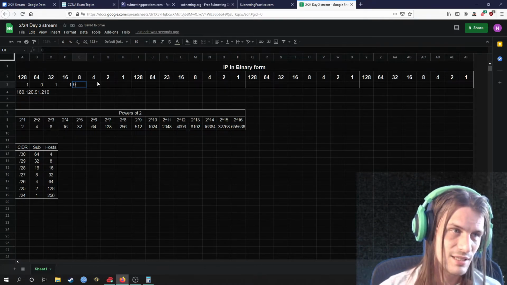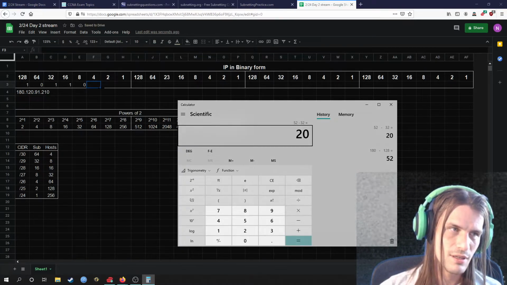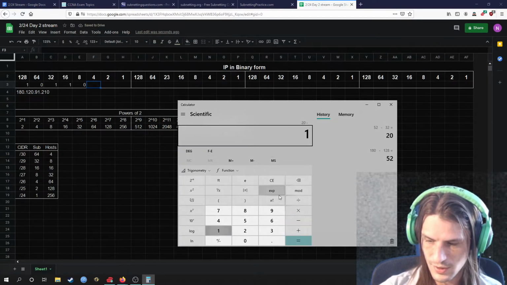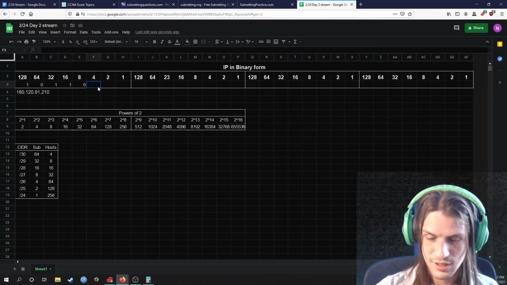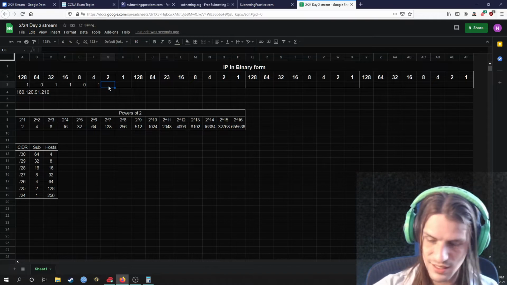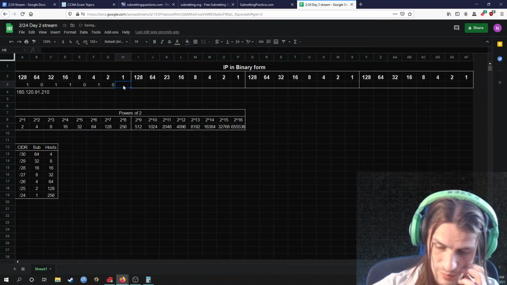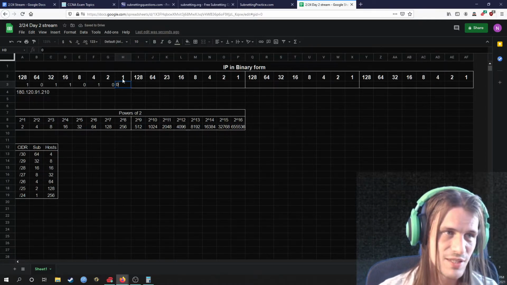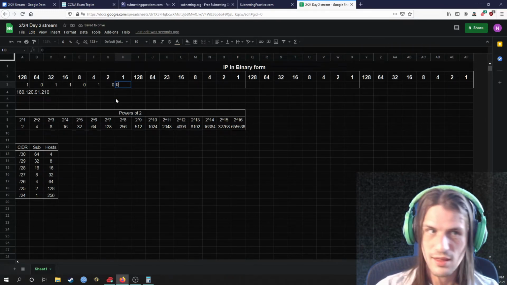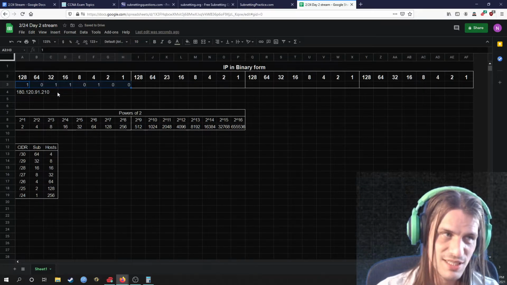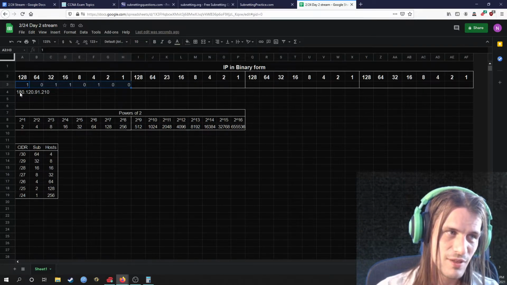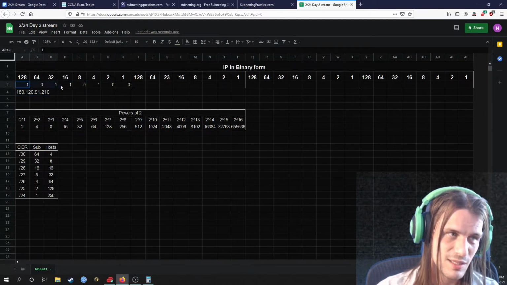No, it doesn't. 4 was left over, right? Yeah, minus 16. So does 4 go into 4? Yeah, it does. And there's nothing left over. So these are both going to be inactive because there's nothing left to subtract from. So if we were looking at the binary representation of the decimal 180, this would be it.